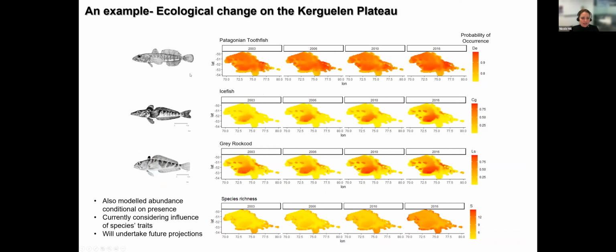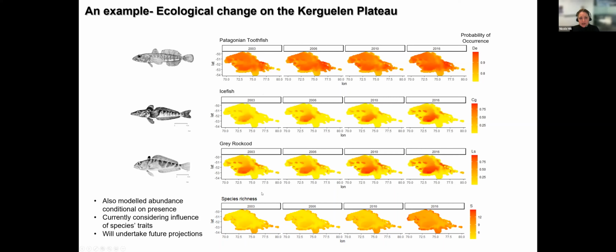But if we look at the Patagonian toothfish, as the model suggested before, it's highly prevalent across the plateau, but we can see some areas where we get more red through time than others. With icefish, you can really see that trend for increasing prevalence through time, as you can with the grey rock cod.